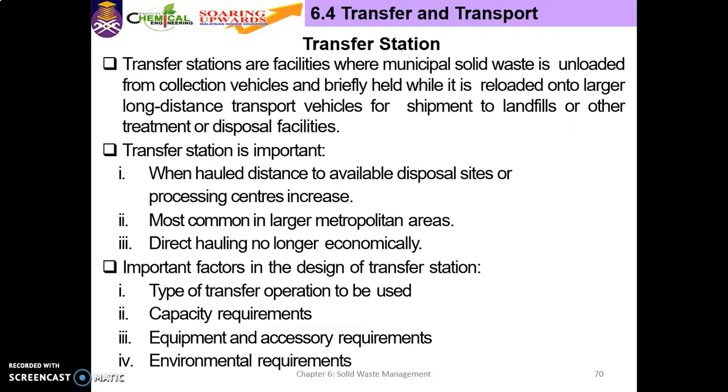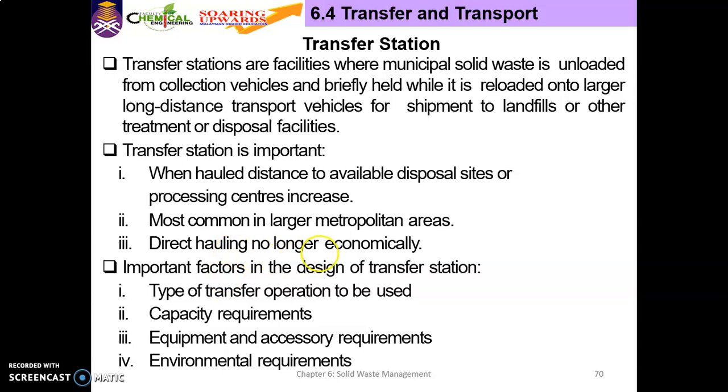Next, look at the transfer station. Transfer stations are facilities where municipal solid waste is unloaded. As I mentioned before, the truck will bring all the solid waste to the transfer station. The transfer station is important when haul distance to the available disposal site is long, most common in larger metropolitan areas, and direct hauling is no longer economical.